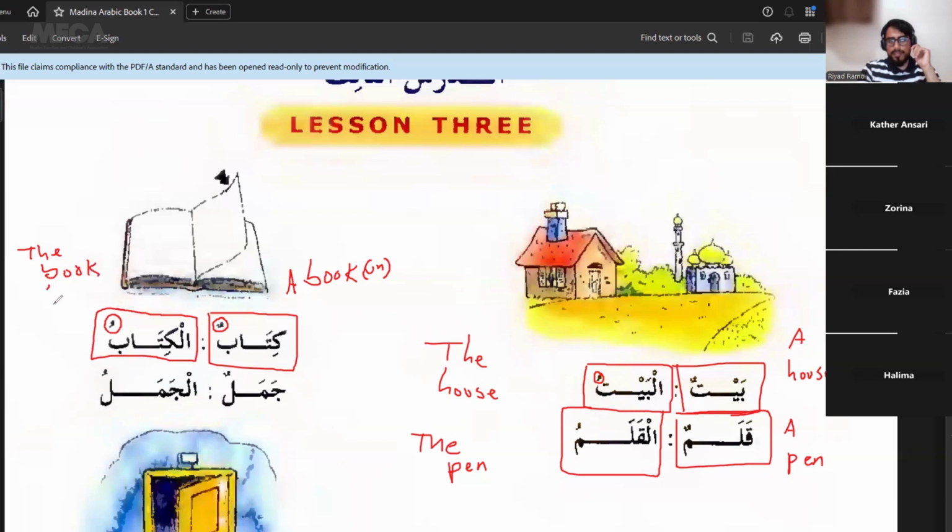And I'll just put a parenthesis like this. Okay. Now, Jamal is camel. So how do I say a camel? Jamalun. Jamalun, a camel.